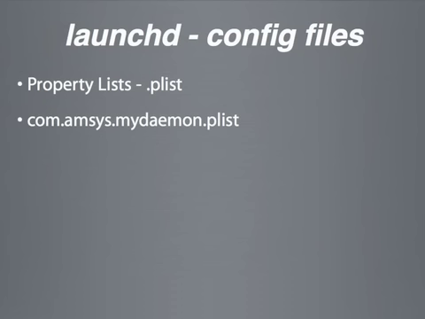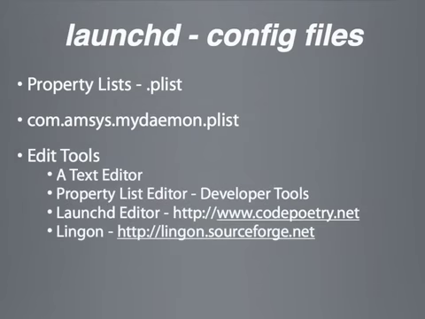There are many ways to view these files as well as to create your own. Because plist files are just text files, you could use a plain text editor such as TextEdit or Nano in the command line, or you could use a plist editor such as Apple's property list editor that you can get free with the Apple developer tools.